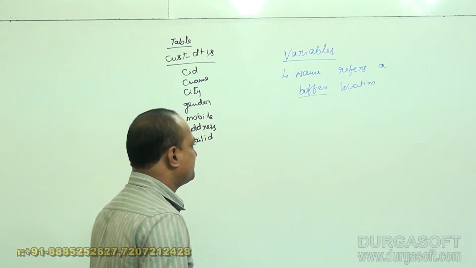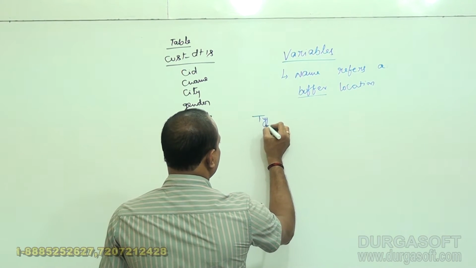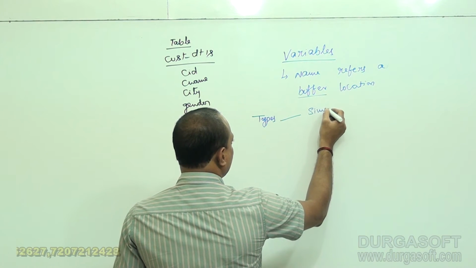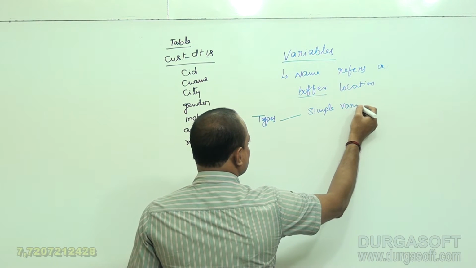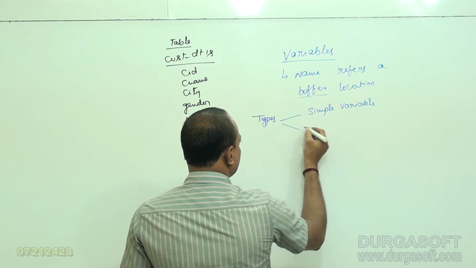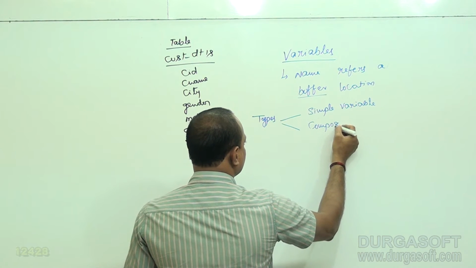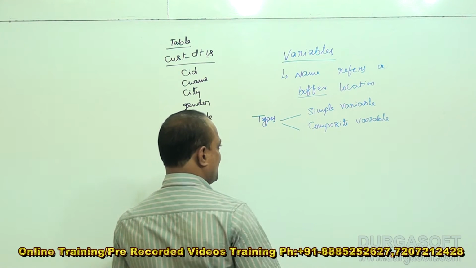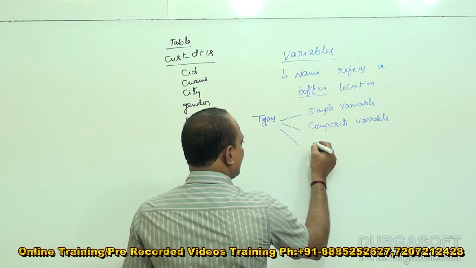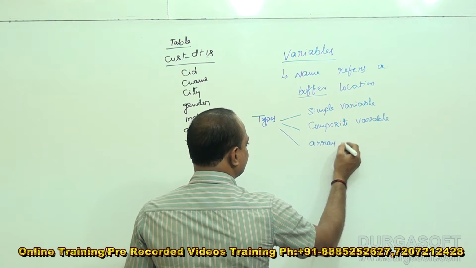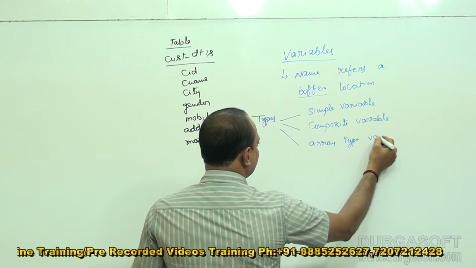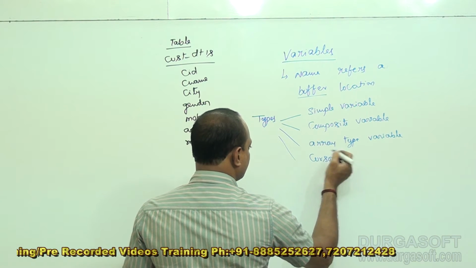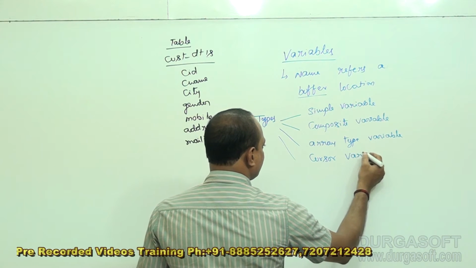Now how many types of variables? Variable types: simple variable or scalar variable, composite variable, array type variable, and cursor variable.